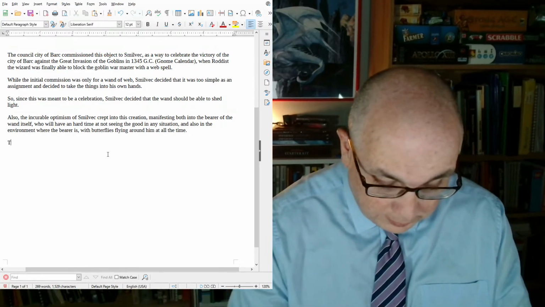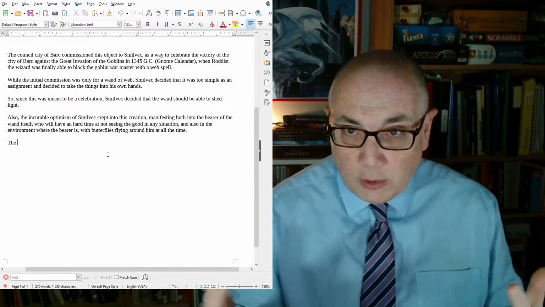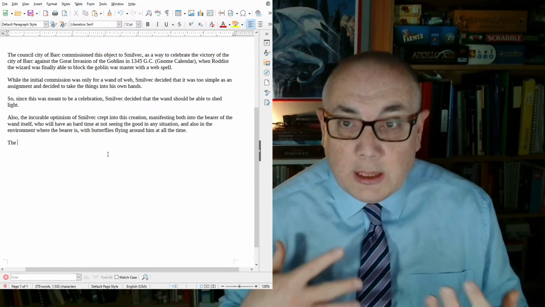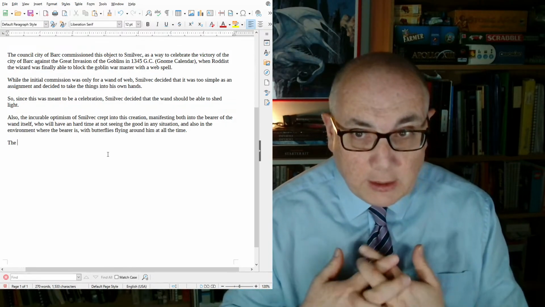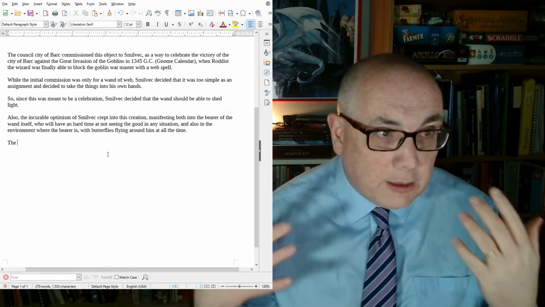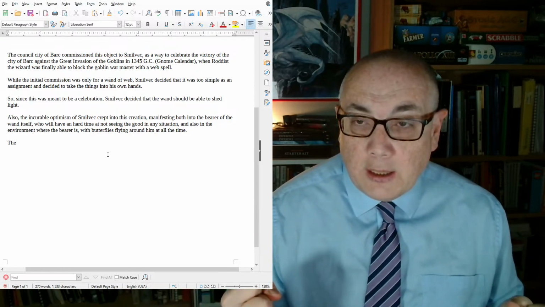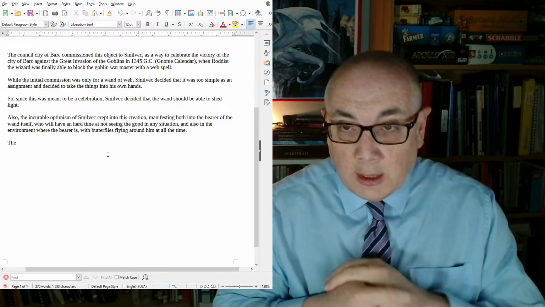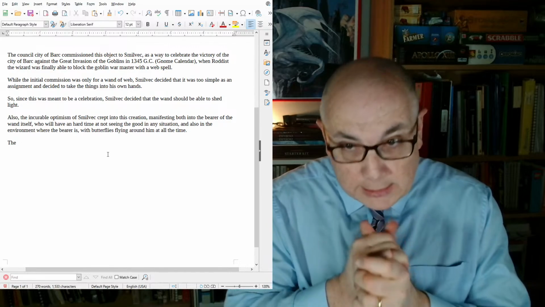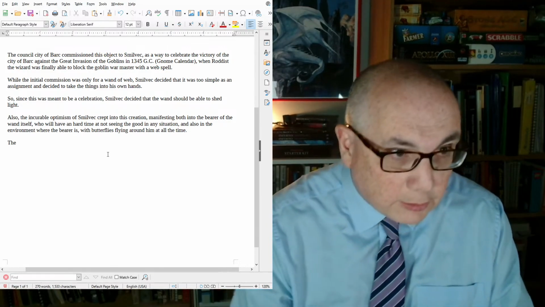I would say that the wand is not usually found in adventures, but it's usually kept in the city of Barc itself, and it is only shown during the anniversaries of these great battles.